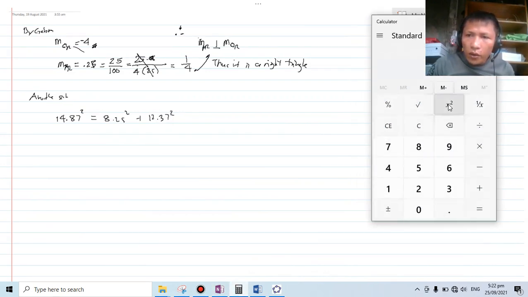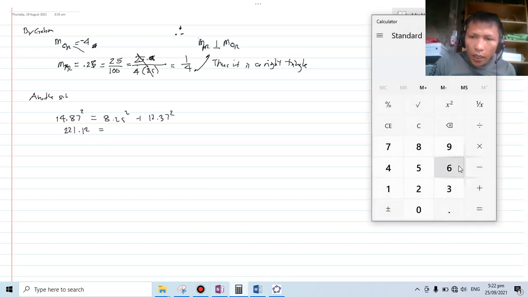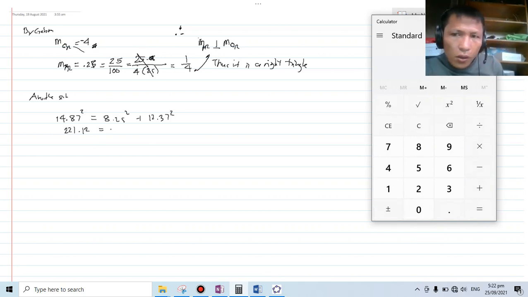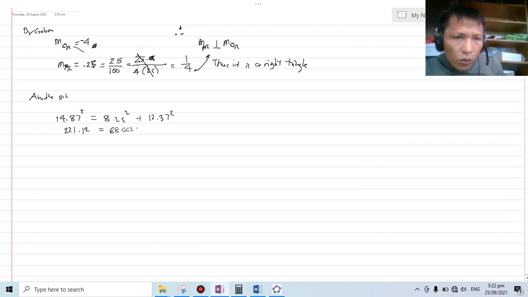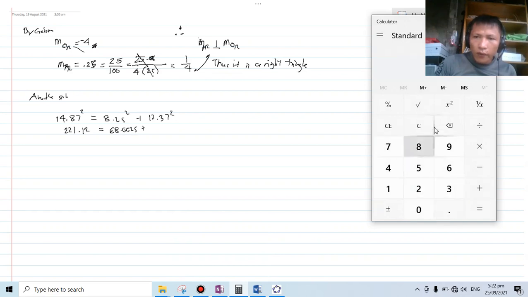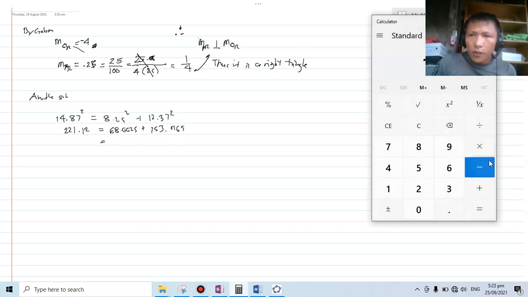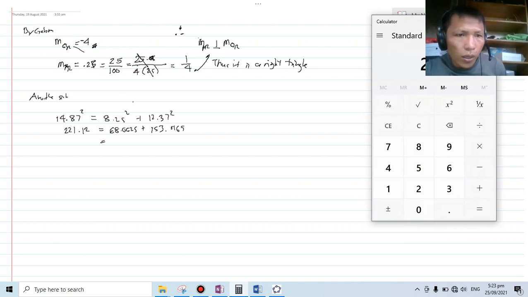14.87 squared gives me 221.12. 8.25 squared is 68.0625. 12.37 squared is 153.0169. Adding these two, 153.0169 plus 68.0625, gives me 221.1. It is slightly off because of round off.